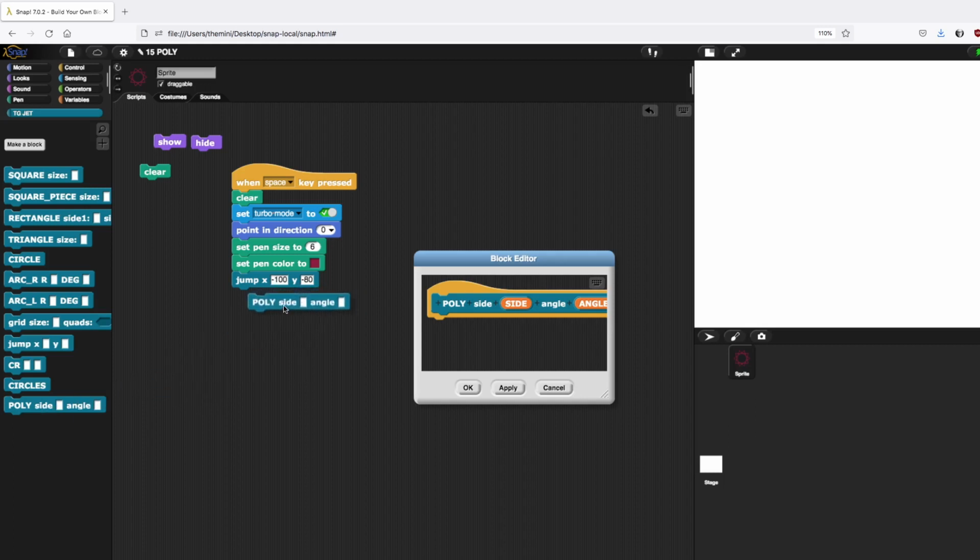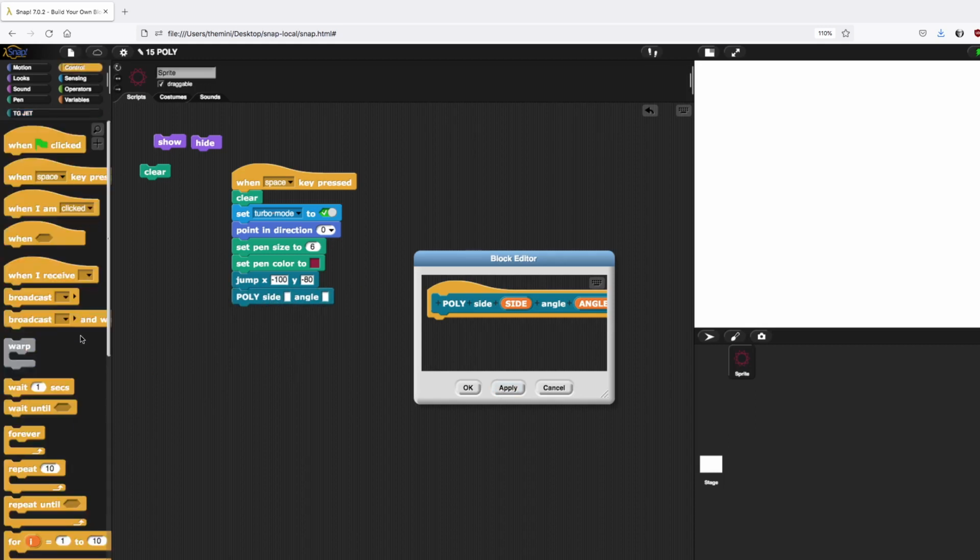So we have an empty block, and of course we need a loop. We need some engine, some motor to keep it all running. So we might actually in this case do forever, but the problem with forever is that it doesn't stop, obviously.